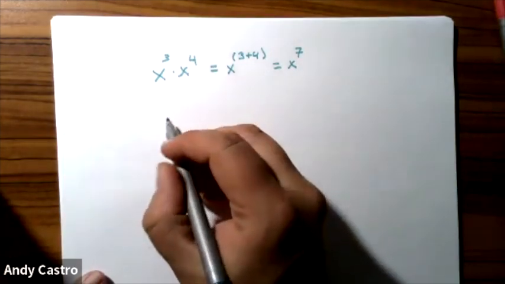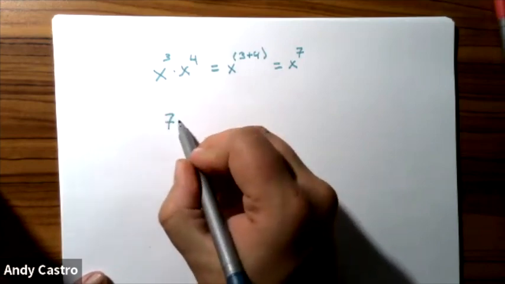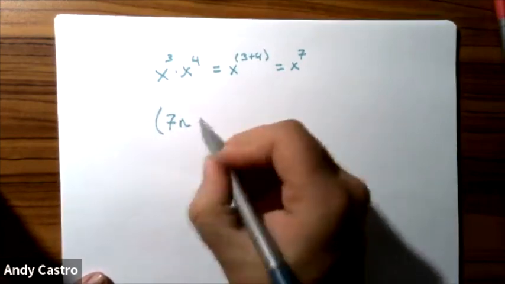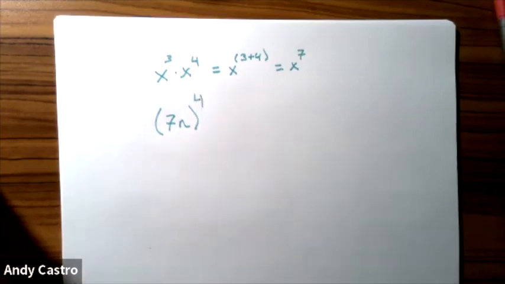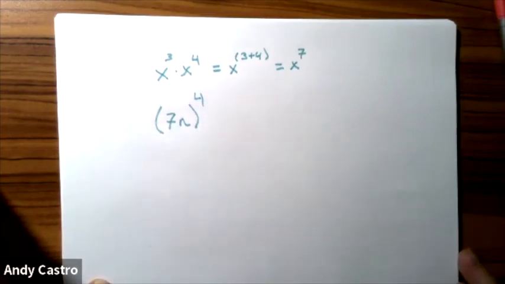Okay. Now let's say I have 7 times n, and I'm going to raise that to the 4th power. Oh, good. This reminds me, there is one that I need to cover before we do that example.